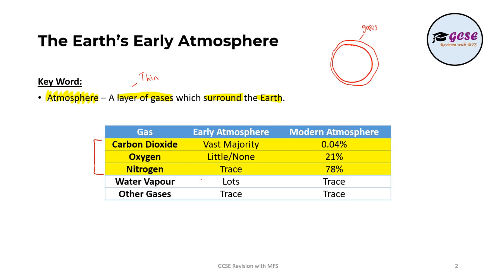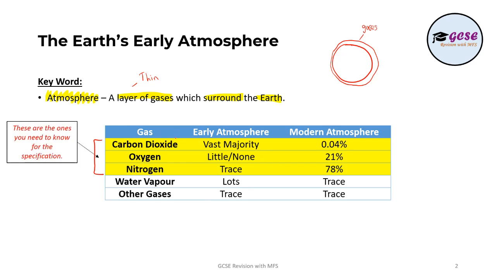You need to know that there was a lot of water vapor in the early atmosphere, and there were a few other gases, and there are a few other gases now, but the ones we need to focus on are the carbon dioxide levels, the oxygen levels, and the nitrogen levels.